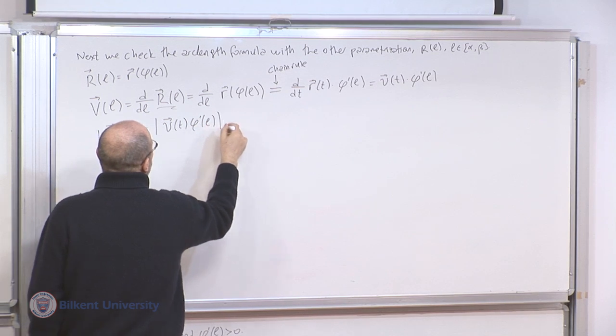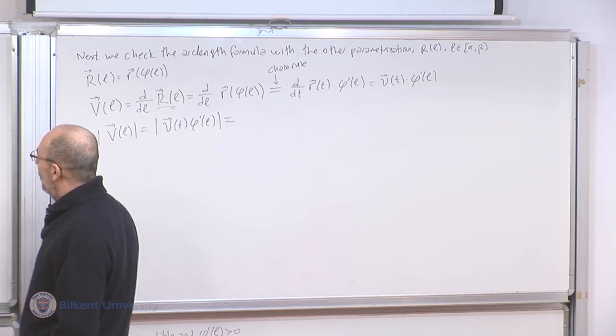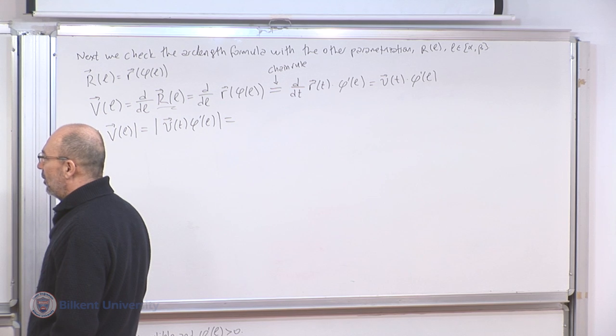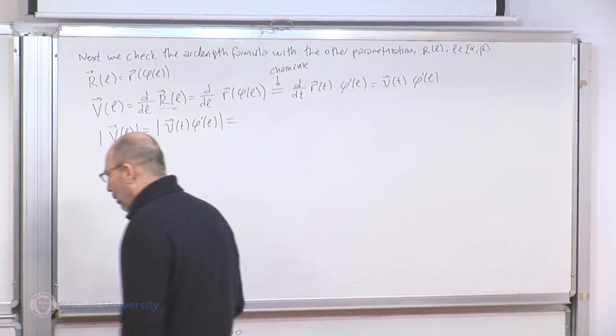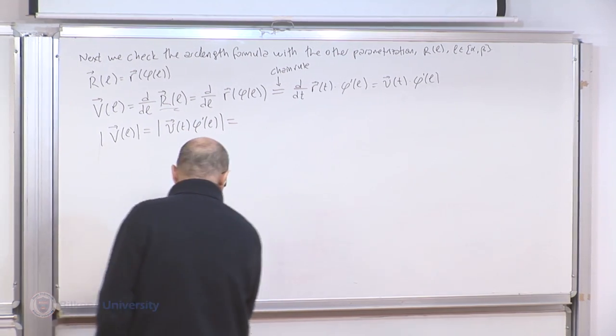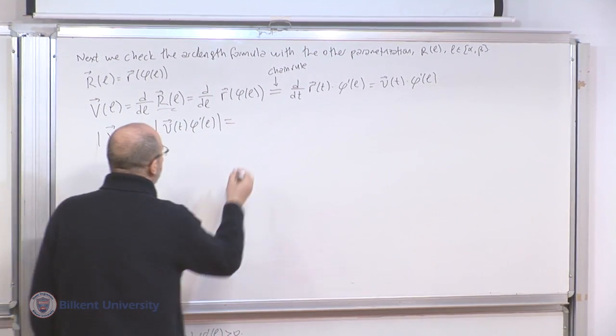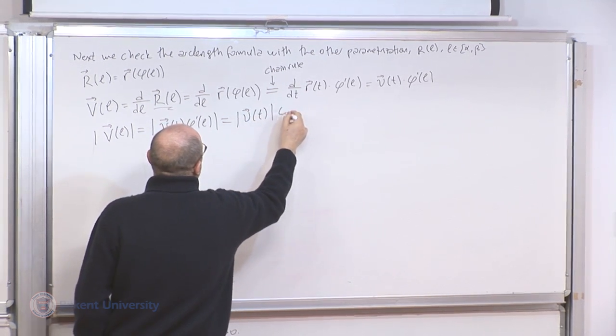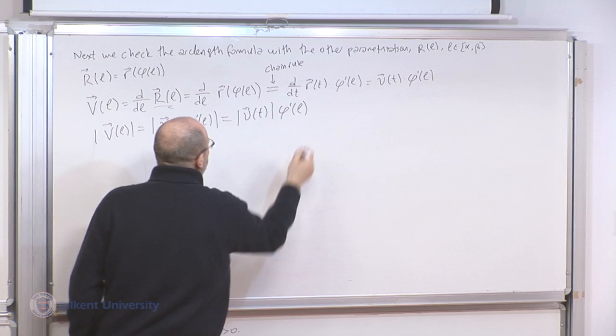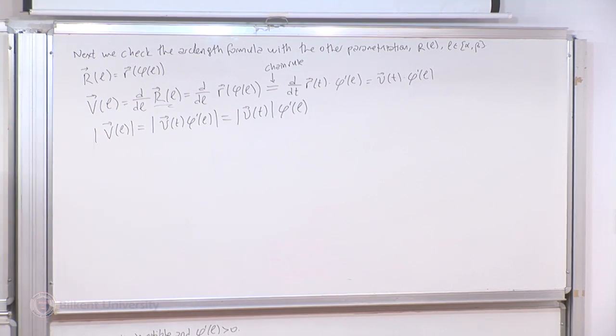Now I note that somewhere I should have mentioned that phi prime is positive. I wrote it somewhere, but I forgot. Oh, here it is. Phi prime of L is positive. So I have the absolute value of V of T, and phi prime of L comes out.